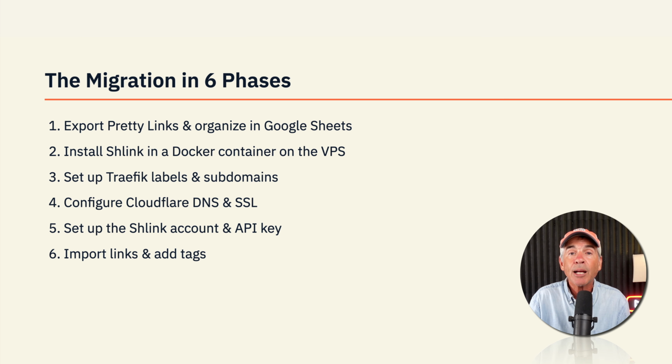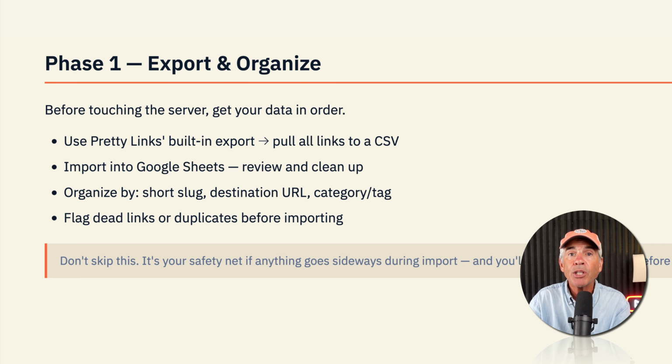Here is the exact process that I used for the migration from Pretty Links to Shlink. Phase 1 of the migration was to export all of my Pretty Links from WordPress to a CSV file.